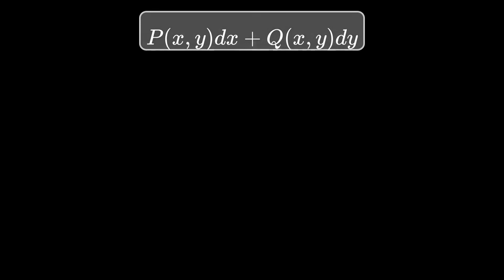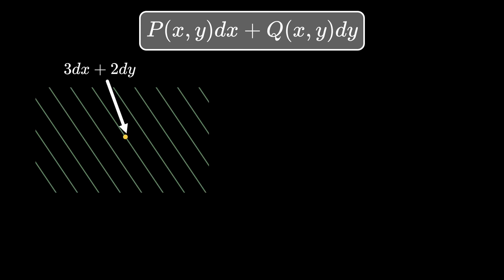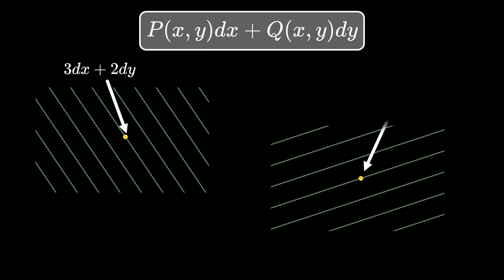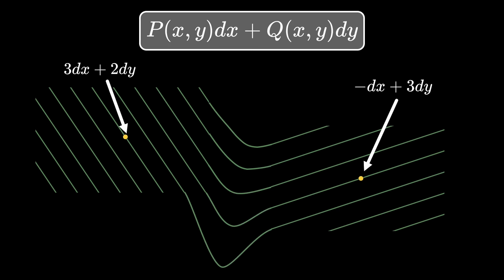At a particular point, it could look like 3dx plus 2dy, giving this set of oblique lines, and at some other point, it looks like negative dx plus 3dy, giving another set of oblique lines. Sometimes you can stitch them together, but it's not a guarantee. In many situations, we can only picture the differential forms locally at each point.